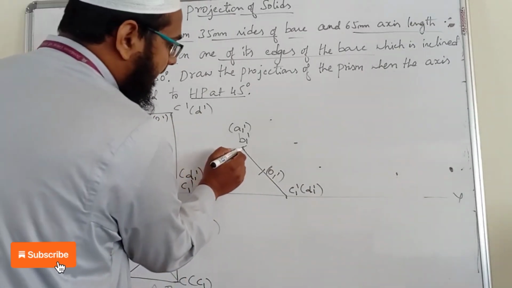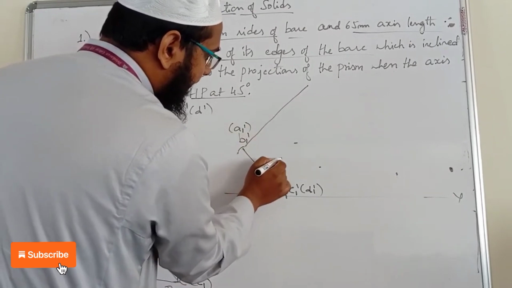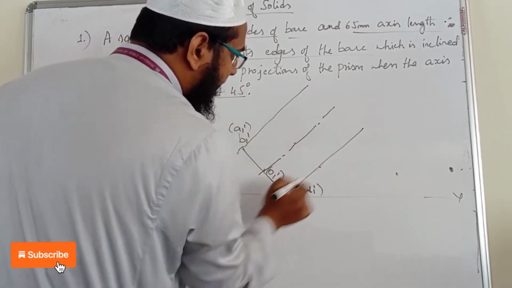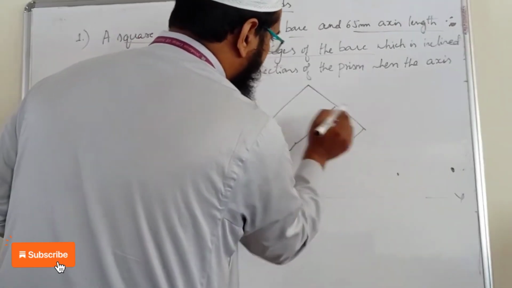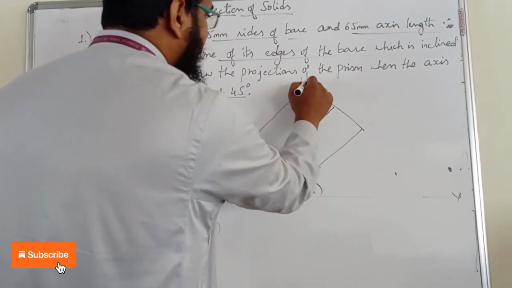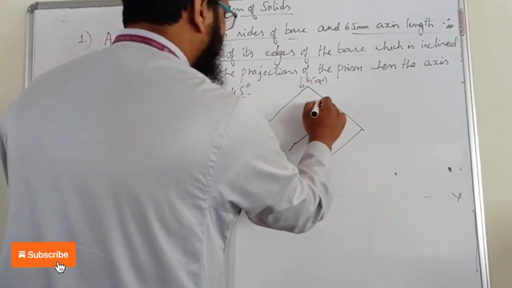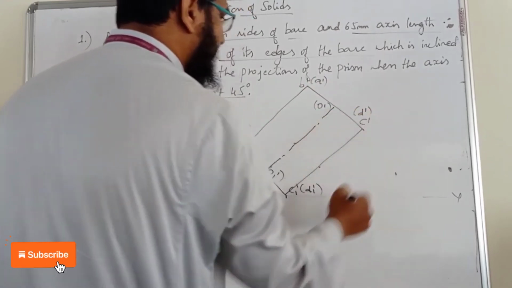Using a straight line scale, draw a straight line here and run it using a scale. So this is B dash, A dash. This is O dash, this is C dash, D dash.